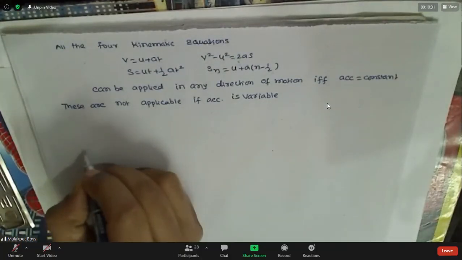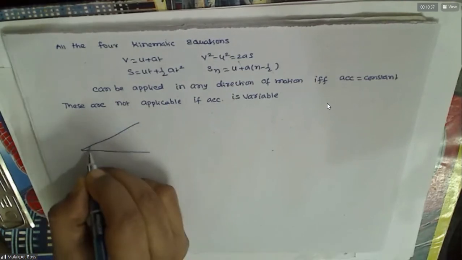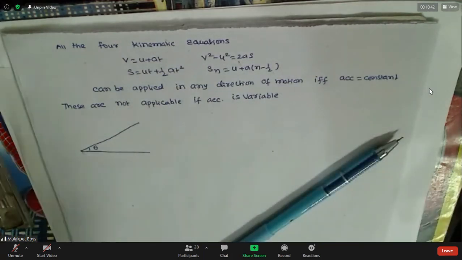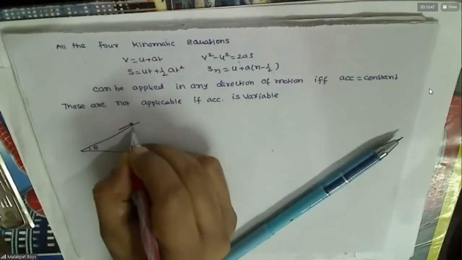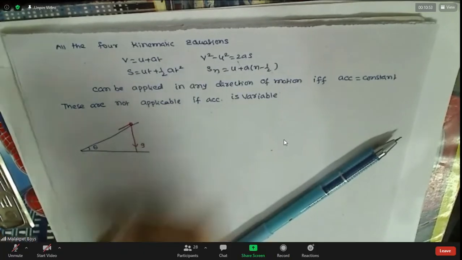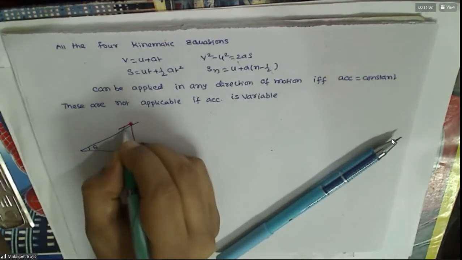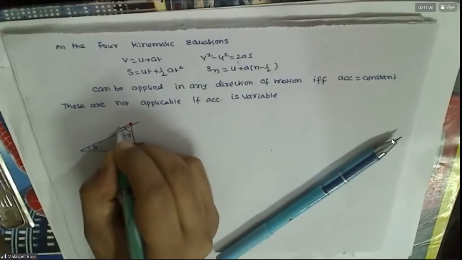Now you can see this is an inclined plane. This is g now. This is theta now, and this angle is 90 minus theta. Why? Because of the right angle. So what is this?